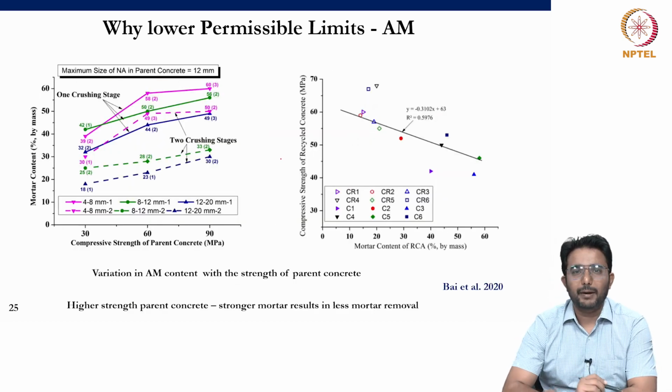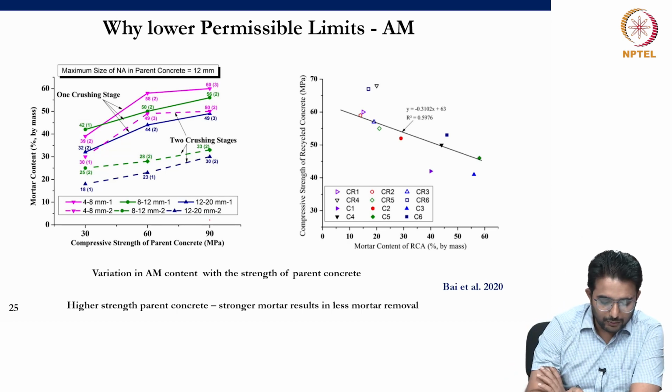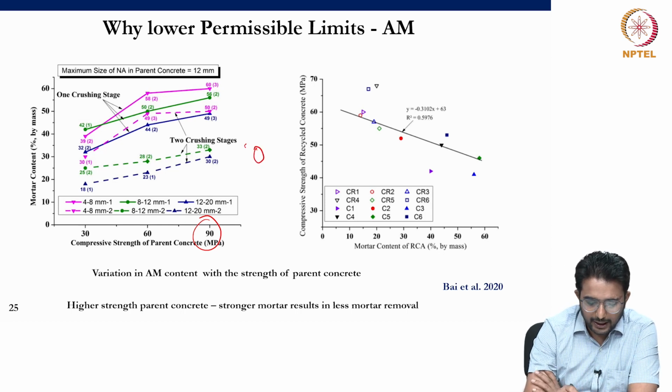The other parameter on which the added mortar content depends is the grade of the parent concrete. So let's say we are getting two recycled concrete aggregates, one from M90 grade concrete and one from M10 grade concrete.